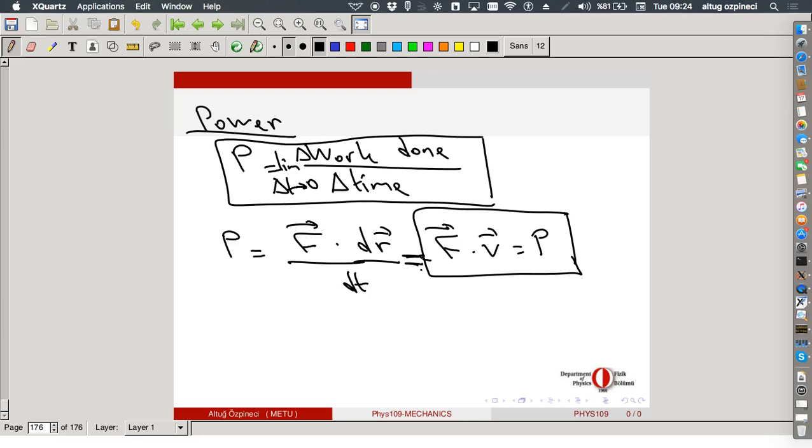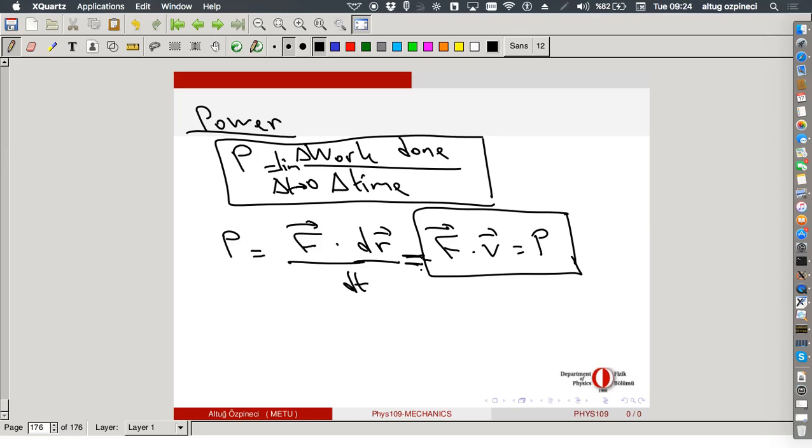So if, for example, a car exerts a constant force, the power will be proportional to the velocity that you can reach, the maximum velocity. In the car example, if you want to go at a very fast speed, the engine should somehow create a force that would balance the air drag.